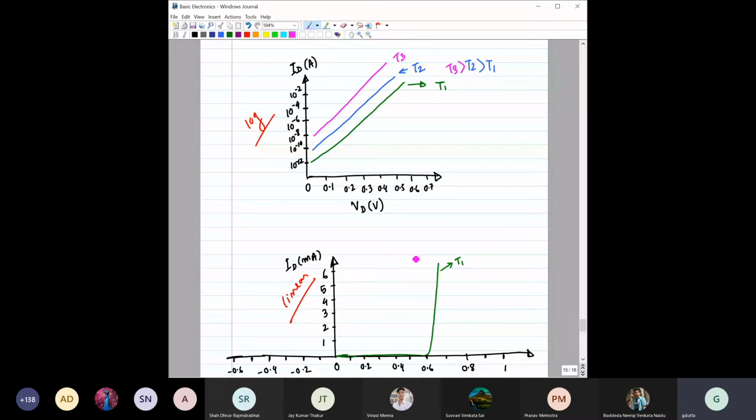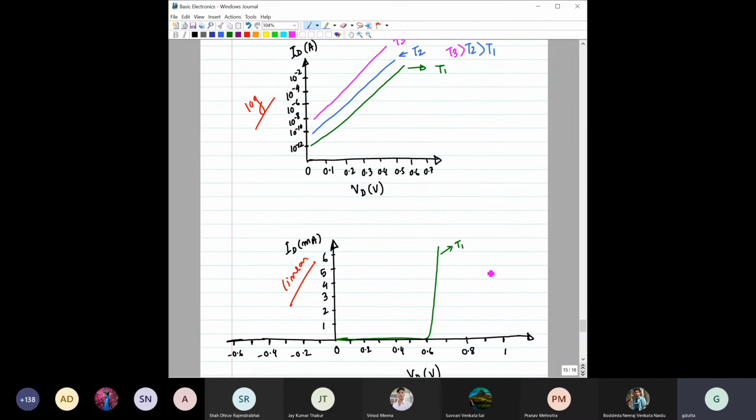And if the same thing we have to plot in the linear scale, then the next color we have taken as T2.